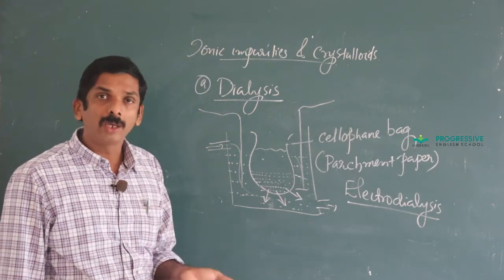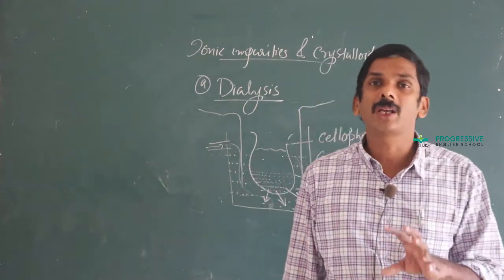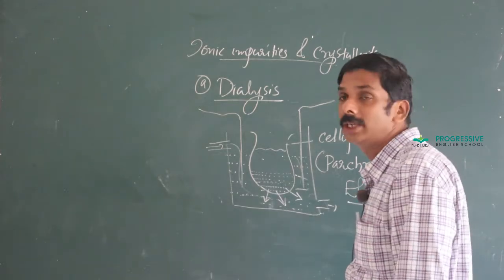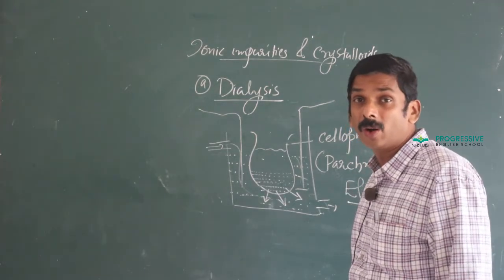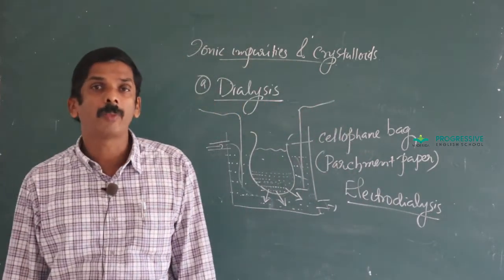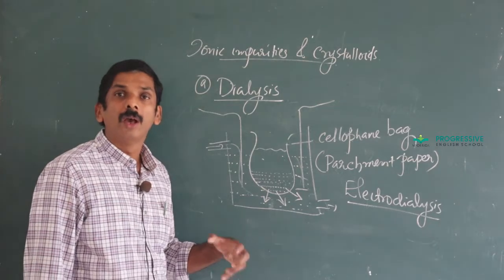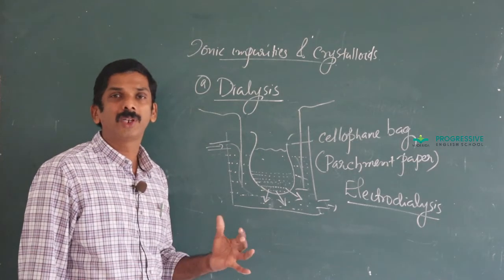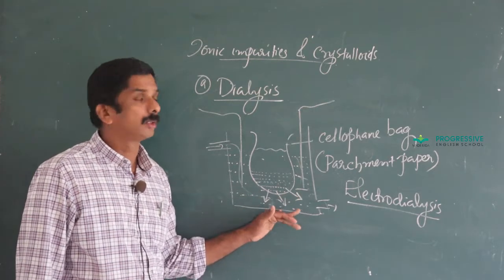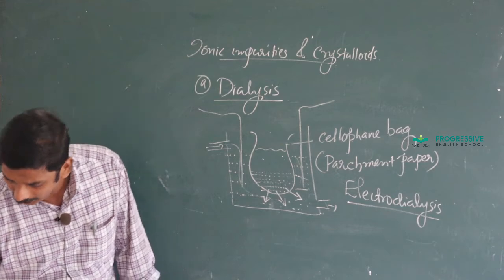In order to increase the speed of dialysis, 2 electrodes are kept outside the membrane, and such a dialysis is called electrodialysis. Nowadays, this electrodialysis is applied. Depending upon the health of the patient, the process of dialysis will take nearly 4.5 to 6 hours for completing. Okay, that is dialysis.